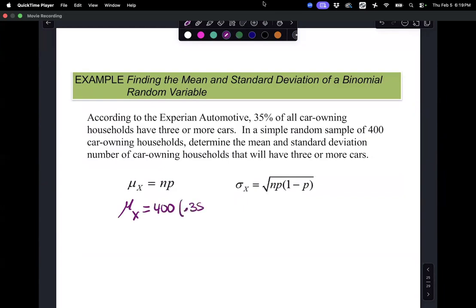Make sure to turn it into a decimal. You just math it out. So I would expect out of 400, there would be 140 households that have 3 or more cars. That's what my expected value is.